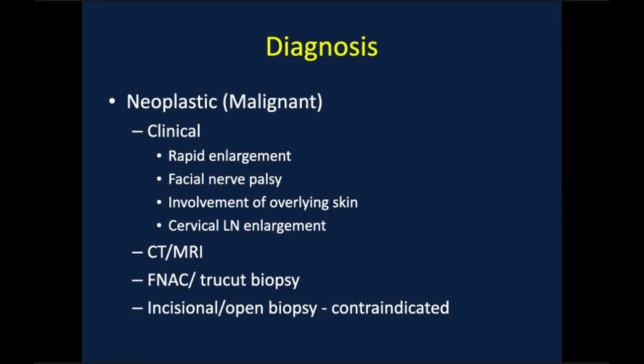So then what happens is a tumor which is low grade or early stage, you are going to spread it further, which involves the skin. Then, say for instance, a T1 tumor might become a T3 or a T4 tumor. Okay. Therefore, open biopsy techniques are usually not recommended for salivary glands. Usually recommended is an FNAC or a true cut. So that's how you diagnose: clinical, imaging, and histology.